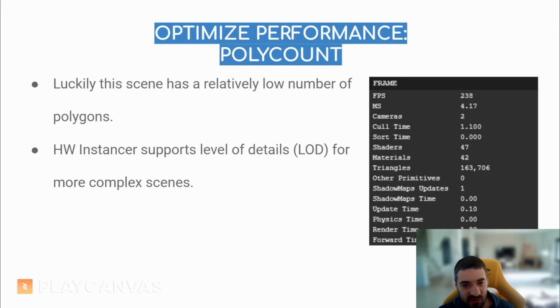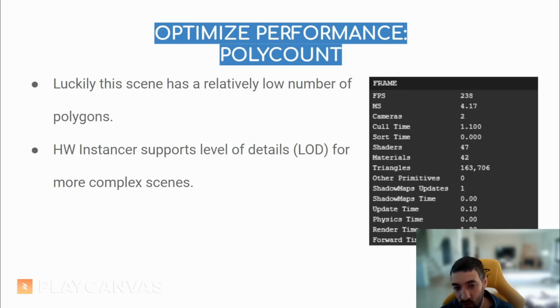Luckily, this scene didn't feature too many polygons. That can be quite a problem sometimes with Unreal scenes imported to PlayCanvas, but in this case, we didn't have to use level of details, LODs. LODs are basically different variations of the same model. So you have your model that may have 10K triangles, and then in your modeling application, you create variations and you reduce the number of triangles.